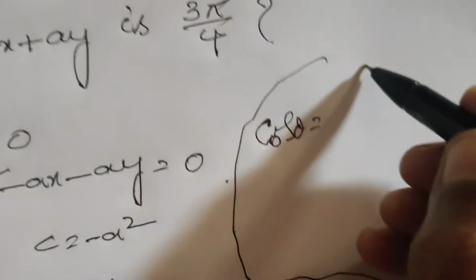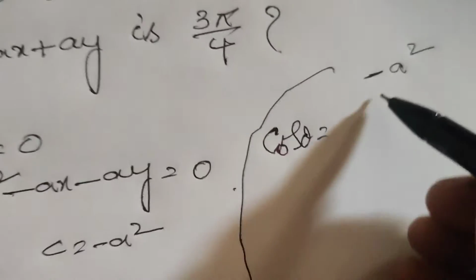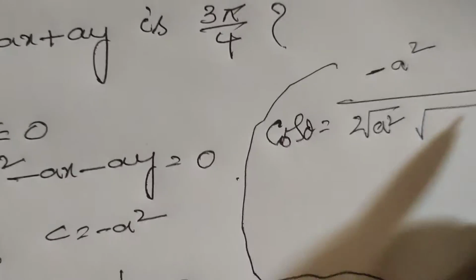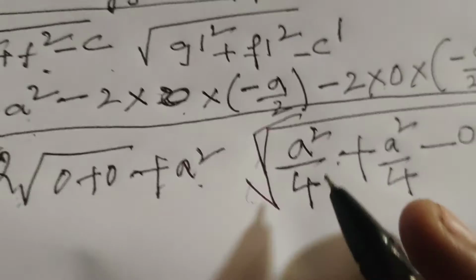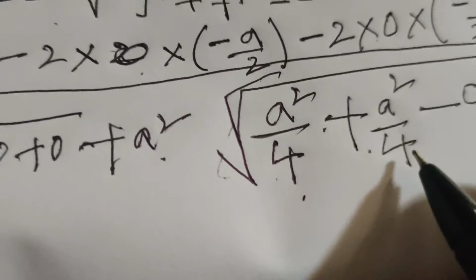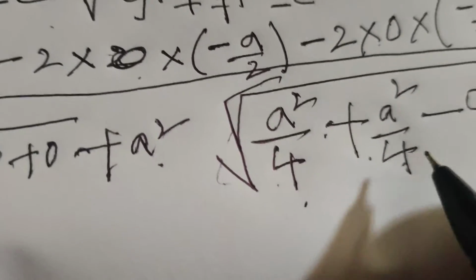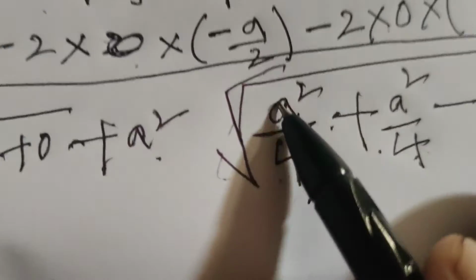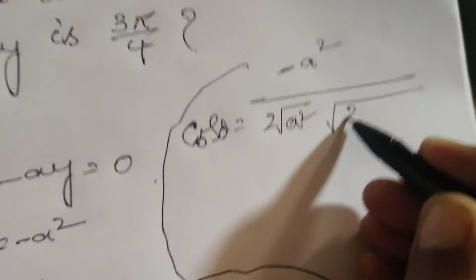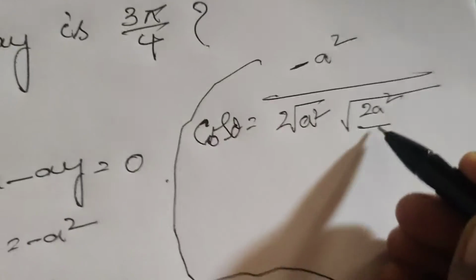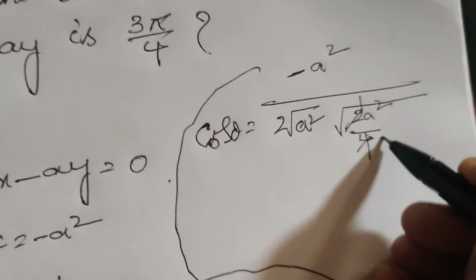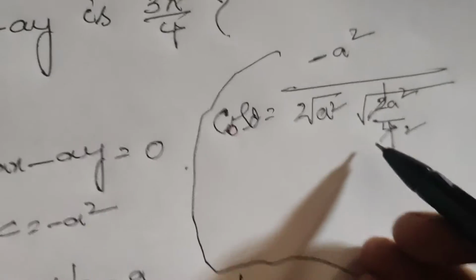So cos θ = −a² / (2√(a²)) and under the square root a²/4 + a²/4. Taking the LCM, which is 4, and adding the numerators, we get 2a²/4. Cancelling, under the square root we get 1/2.